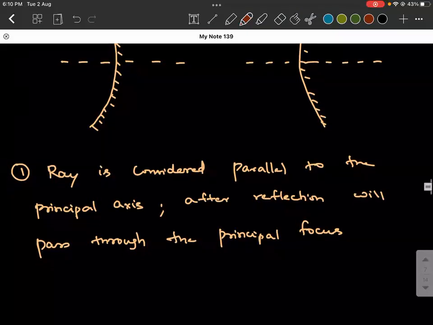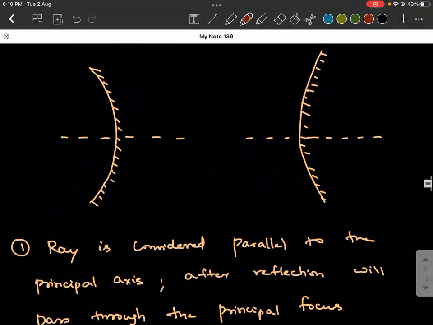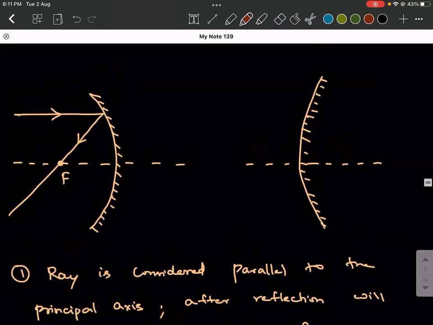Okay. Secondly, I need to draw the ray diagram for this. So when I take a ray parallel to the principal axis, after reflection, what should happen to it? It should pass through the principal focus. So it will pass through this point, right? Whereas with respect to a convex mirror, what should happen?